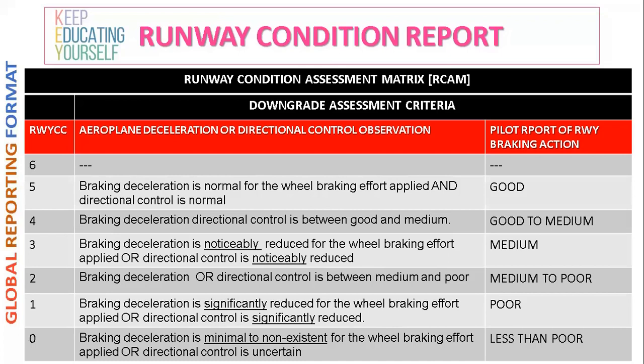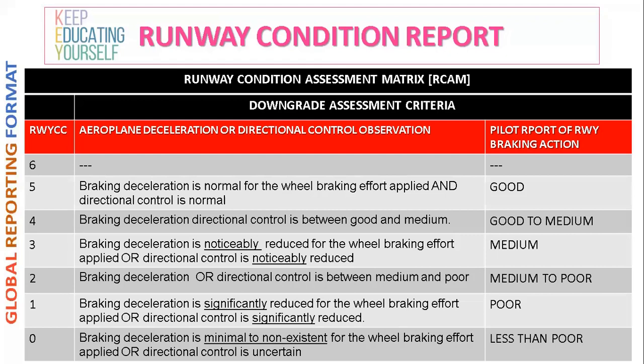If 2 is given, it means braking deceleration or directional control is between medium and poor. So the pilot will report as medium to poor. If 1 is given, it means that braking deceleration is significantly reduced, and directional control is significantly reduced. So it will come under the category of poor.